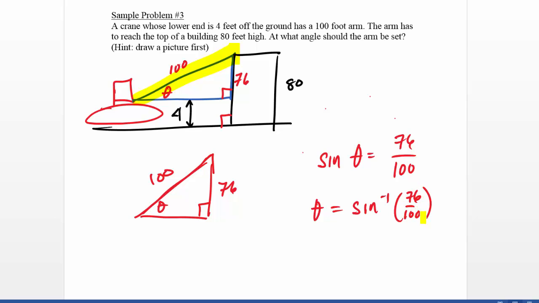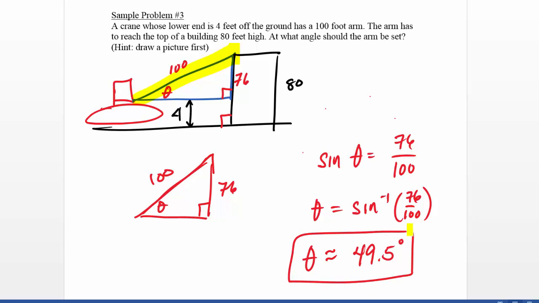You could reduce the 76 over 100, but it's really not necessary, since your calculator will take it all the same. And then that approximates to 49.5 degrees.